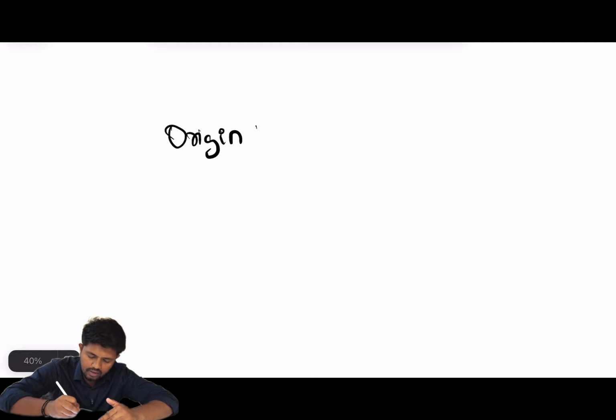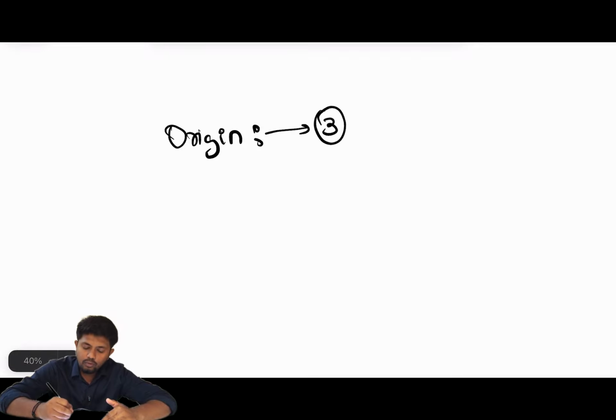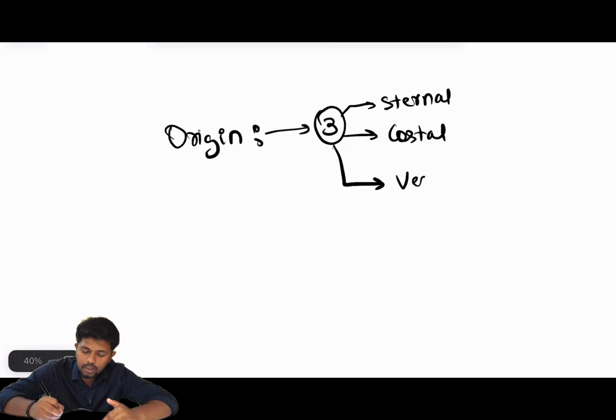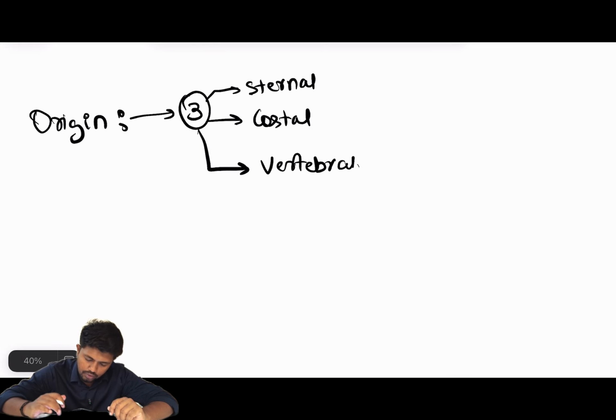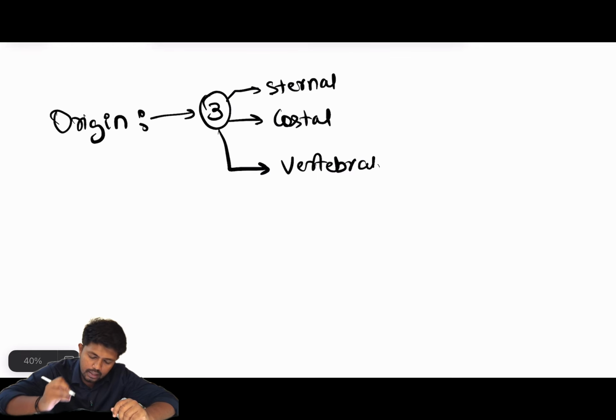Now we'll see where the diaphragm originates from. The diaphragm has three origins: first the sternal origin, second the costal origin, and third the vertebral origin. Sternal means from some part of the sternum, costal means from the ribs and the costal cartilage, and vertebral means from some of the vertebrae.